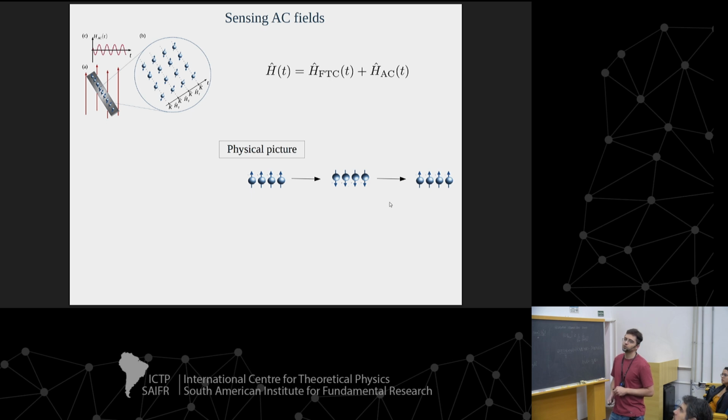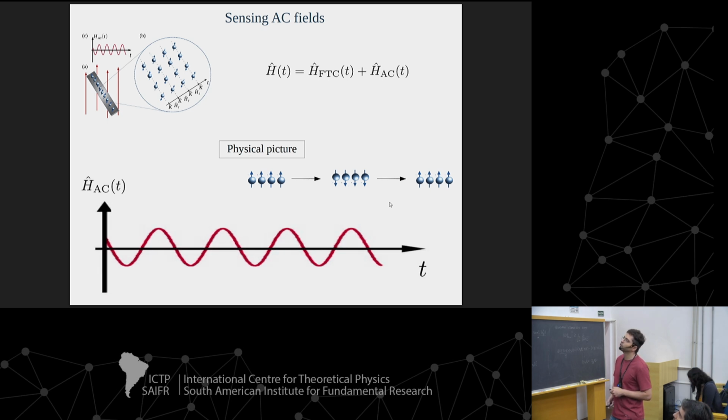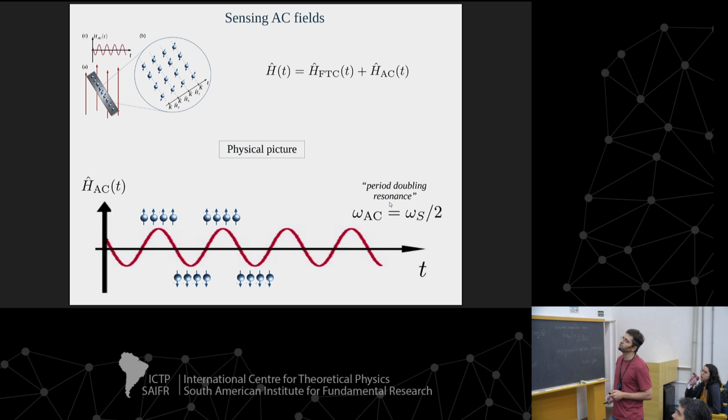So what's the physical picture, or how can we get a good response from this estimation? Remember that the time crystal is essentially this thing here, right? If you have some spins pointing along some direction, they are going to have this stable period doubling dynamics. And on top of this, we are trying to measure this alternating field up, down, and up, down. So a very natural way to think is that we need to somehow keep the coherence of the internal motion of my spins in the time crystal with the amplitude of this external field as well, okay?